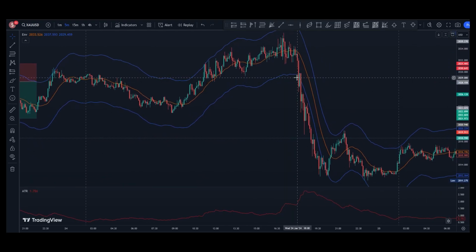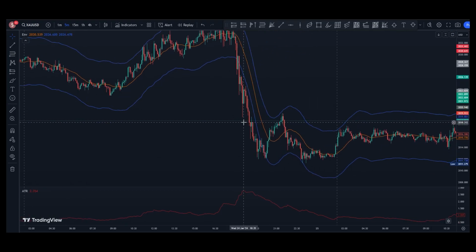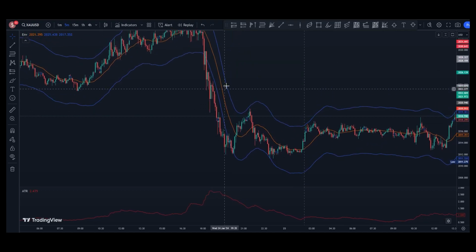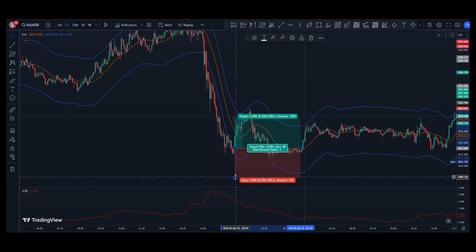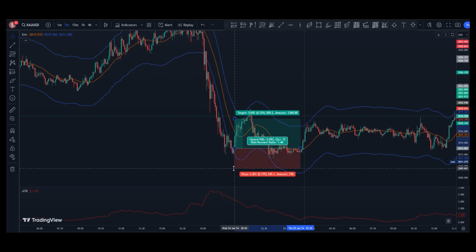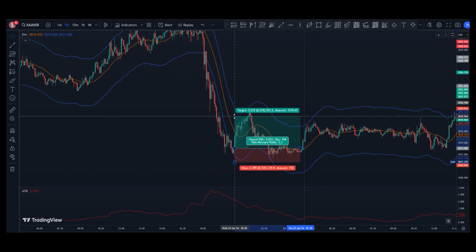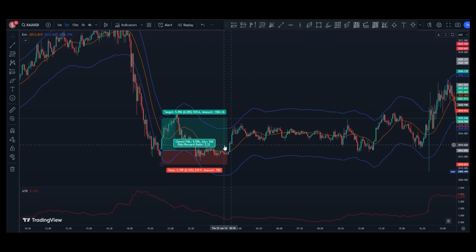Well, as you see here, it goes up with a very narrow envelope, and it is not good until it breaks out of the envelope. Well, we can enter our trade around here with a 1 to 2 risk to reward ratio and hit our TP.